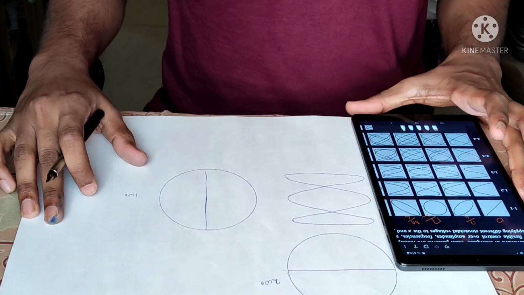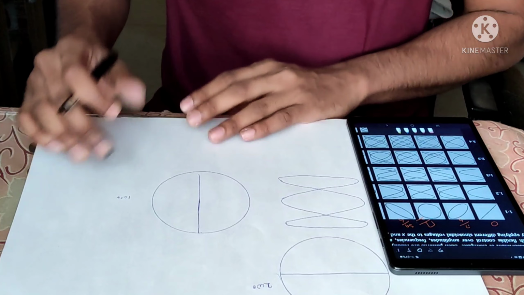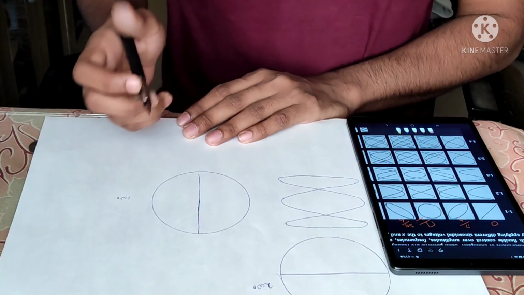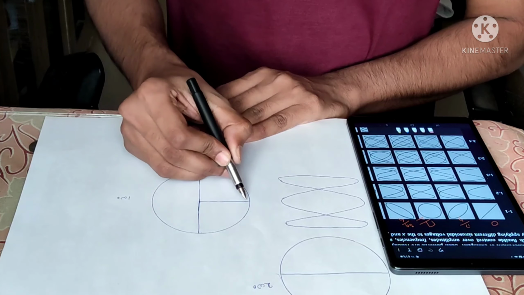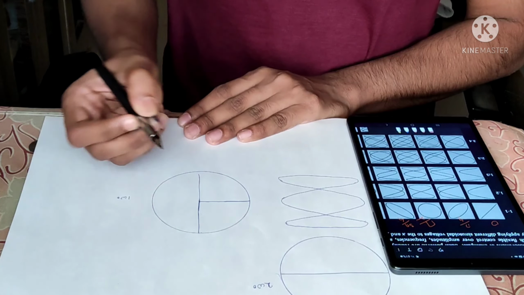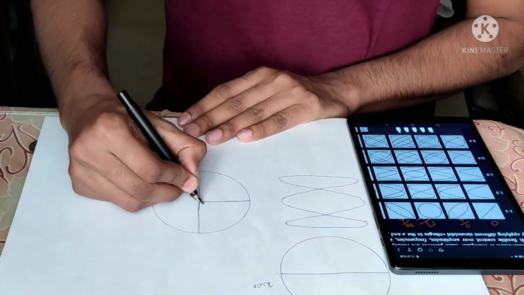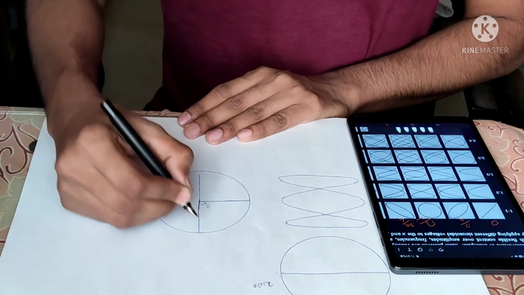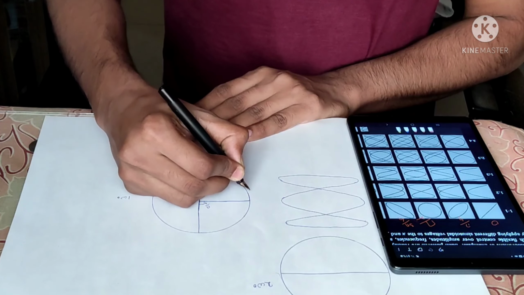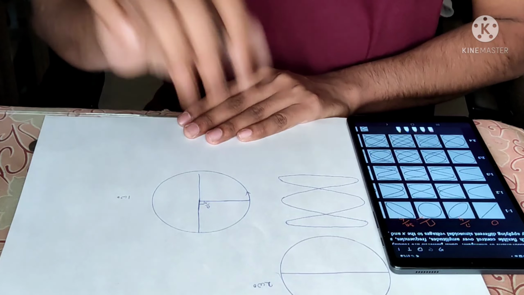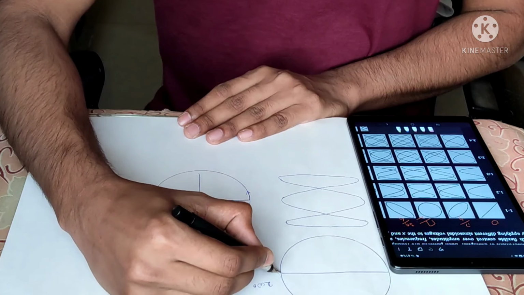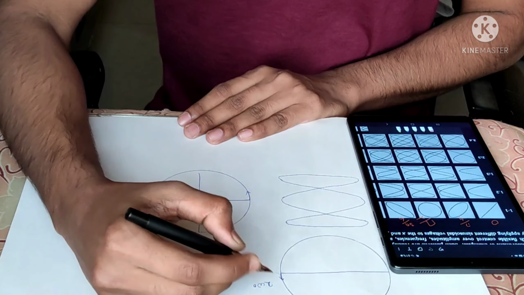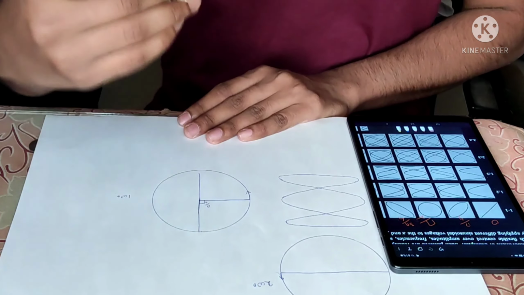So pi by 2 is the phase difference, so I will assume this line to be the initial line for this rotation, which is pi by 2 ahead of 0 phase, and it rotates in the usual convention positive direction, and this to start from here, which is the 0 phase, so that now the phase difference is pi by 2.